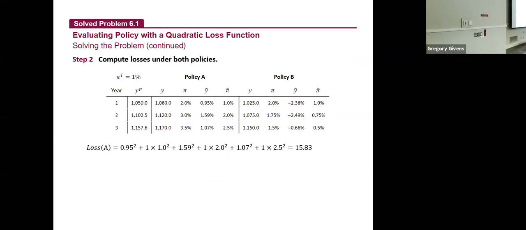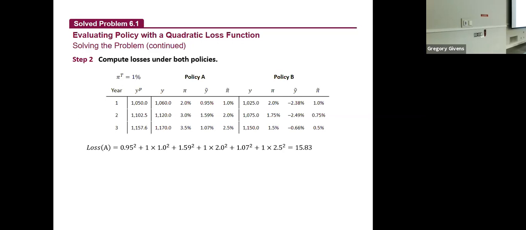All right, now this is easy to do, but you can make careless mistakes, so be very careful about this. Loss under policy A, remember, it's a quadratic loss function, so it's just the output gap, 0.95 squared, plus 1 times the inflation gap squared, where remember the weight, omega, is 1 in part A. So that's the squared output gap and inflation gaps from the first year.